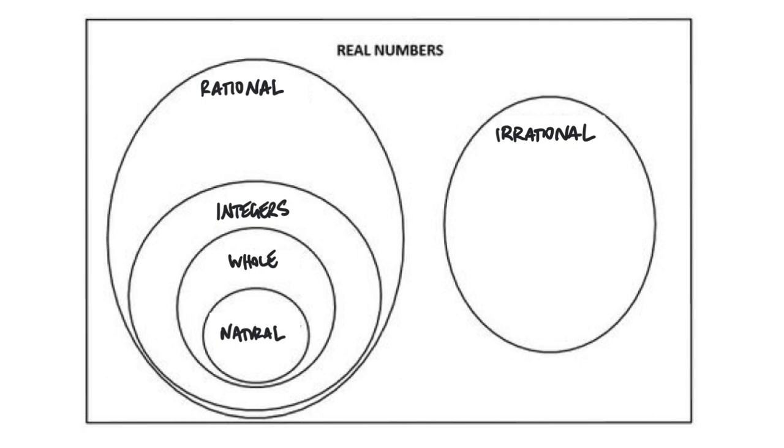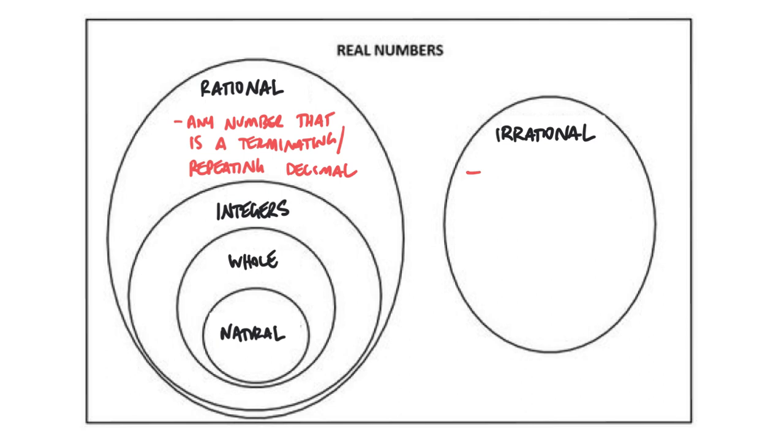The main difference is your rational numbers are any number that is a terminating, which means stopping, or repeating decimal.